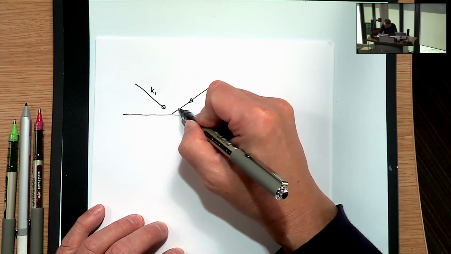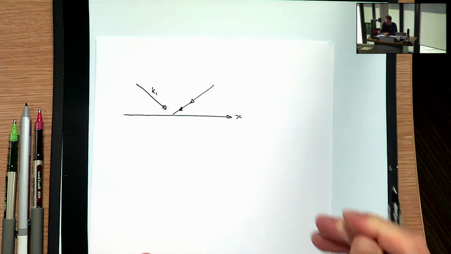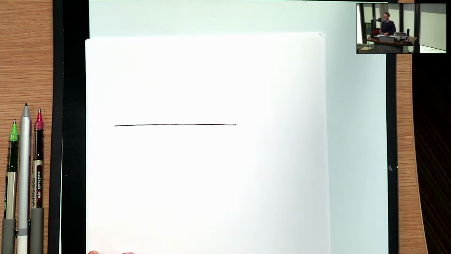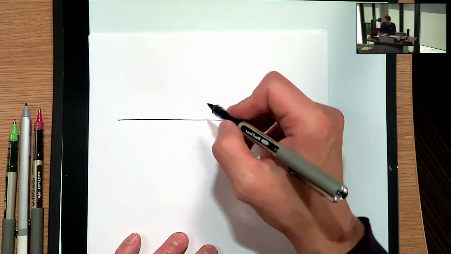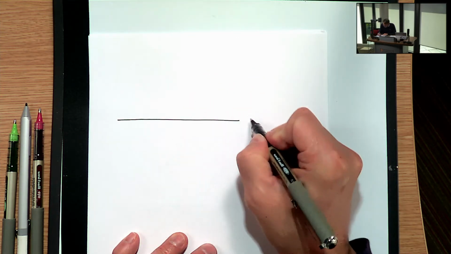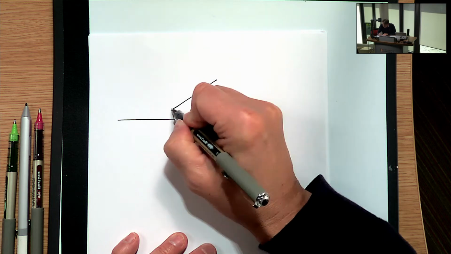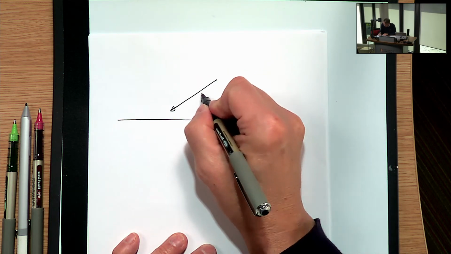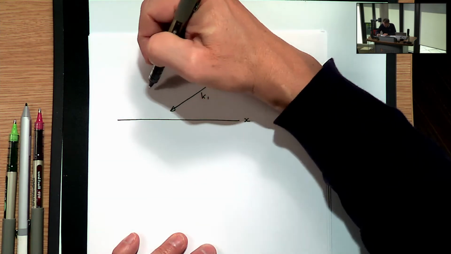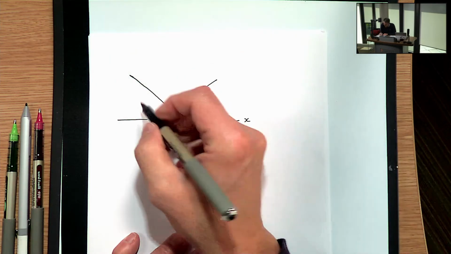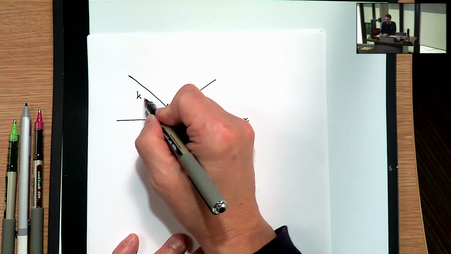So maybe I should have just drawn these to be the same length. Let me just start again. So here we have a plane along X, and then come on to this with K1 and K1 also from this direction. So it's just two plane waves.